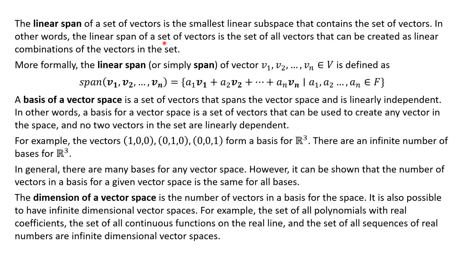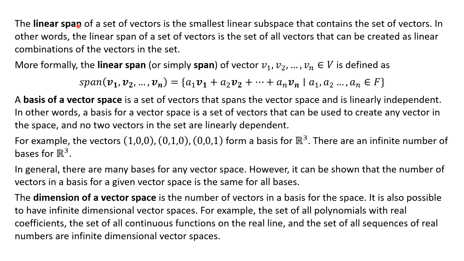In other words, a linear span of a set of vectors is a set of all vectors that can be created as linear combinations of the vectors in the set. More formally, we can define a linear span as shown here. So the linear span, or just the span, of the vectors v1, v2 up to vn is the set of all linear combinations of those vectors over the given field.